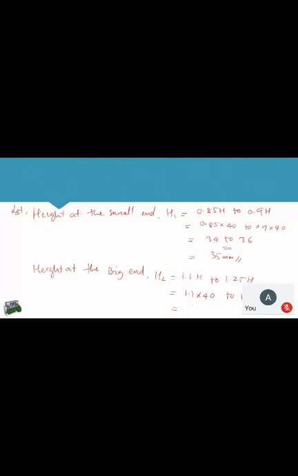And you get this as how much? 44 to 50. You can take approximately 46, 47. Approximately you can take 45, 46 and so on.